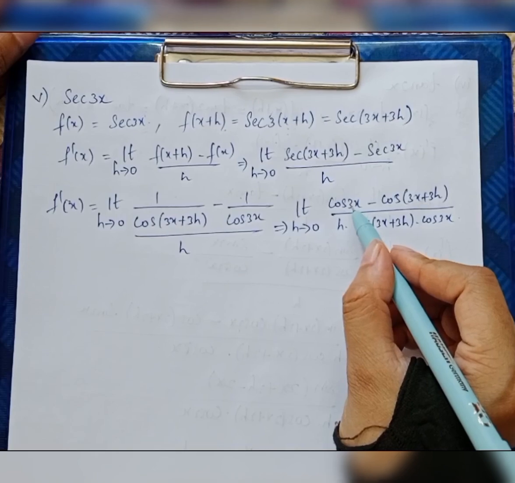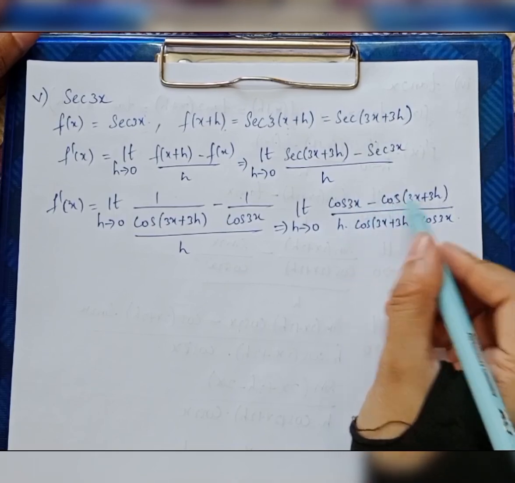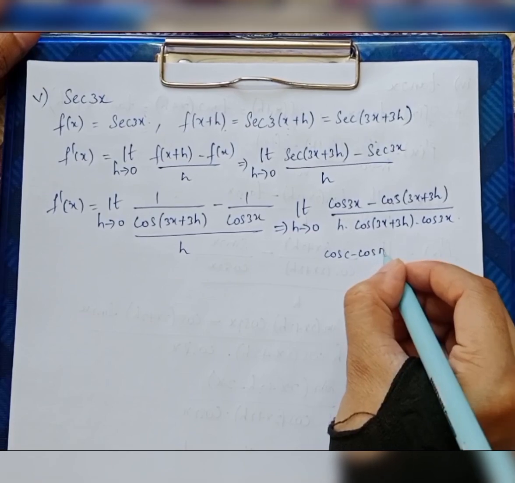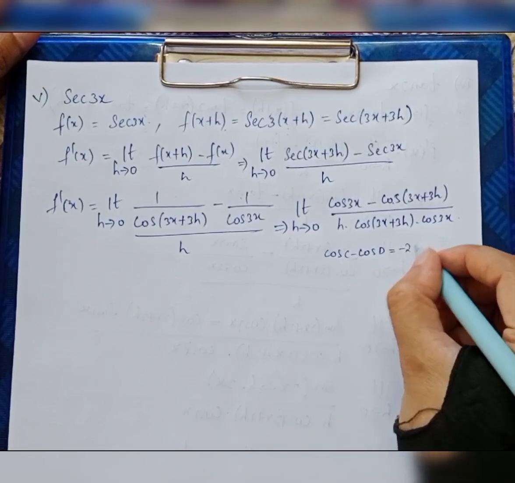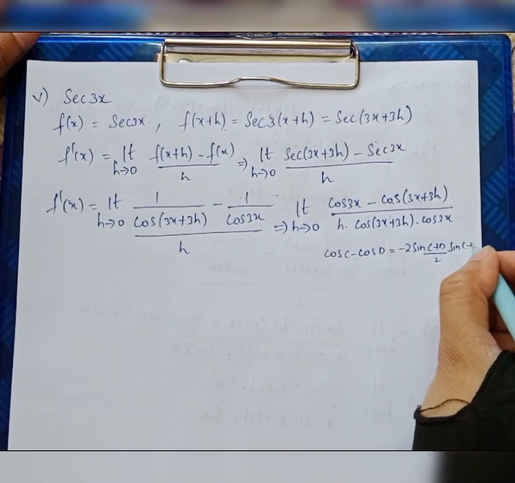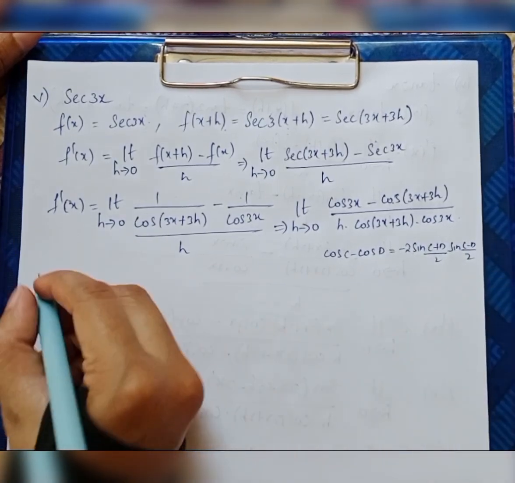Okay, now writing the formula of cos C minus cos D: the formula of cos C minus cos D is equal to minus 2 sin[(C + D)/2] into sin[(C - D)/2].